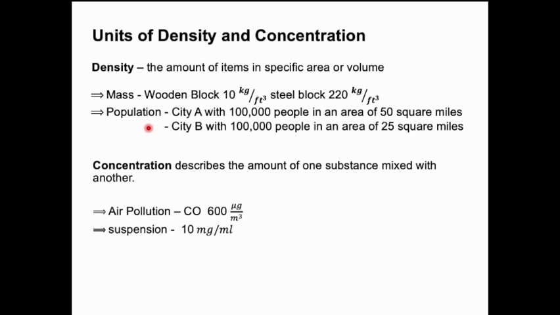Then city B has the same population, but it's only in an area of 25 square miles. So city B would have a higher population density because it has the same number of people, but it is packed into a smaller area, which makes it more crowded.